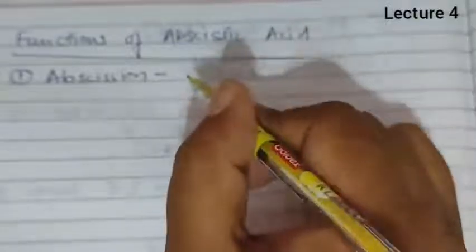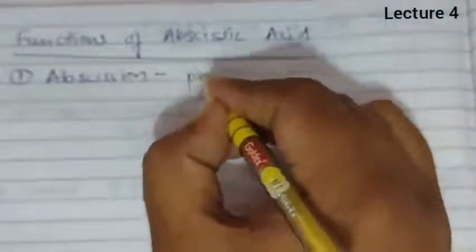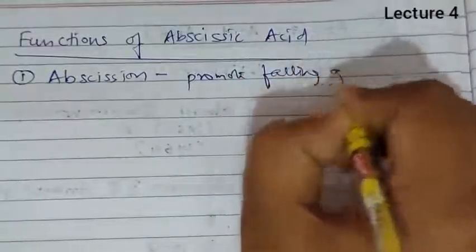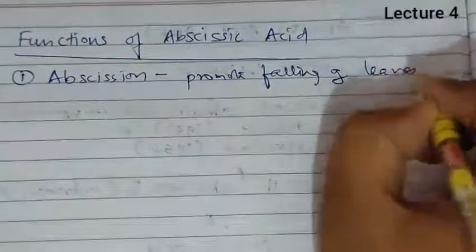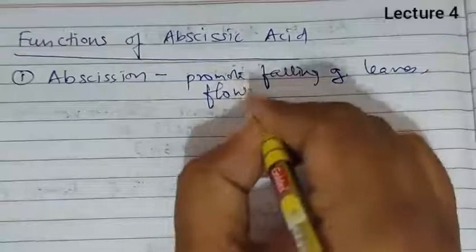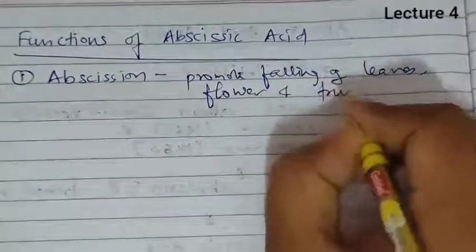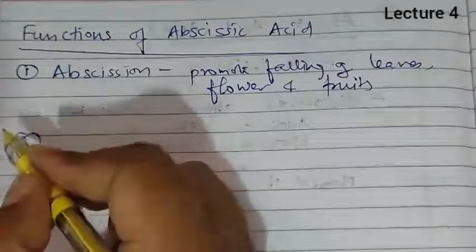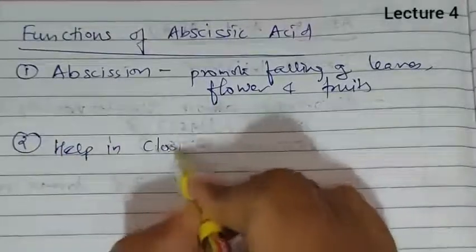Abscission means falling of leaves, flowers and fruit. So it hastens this process and promotes abscission.